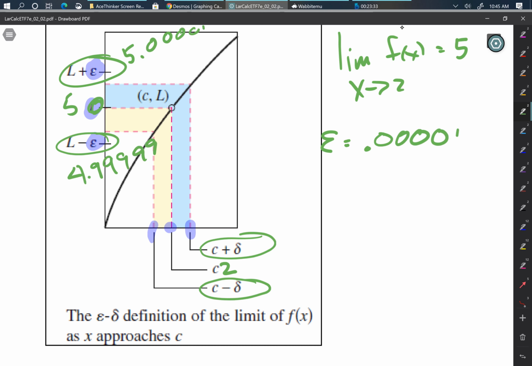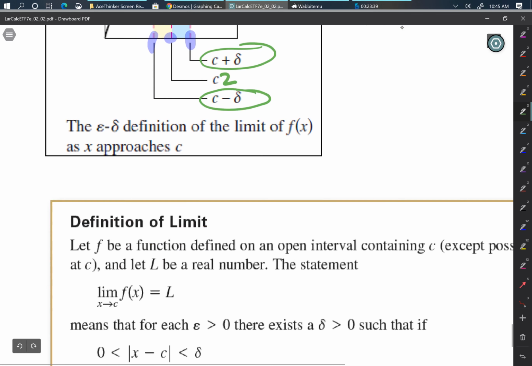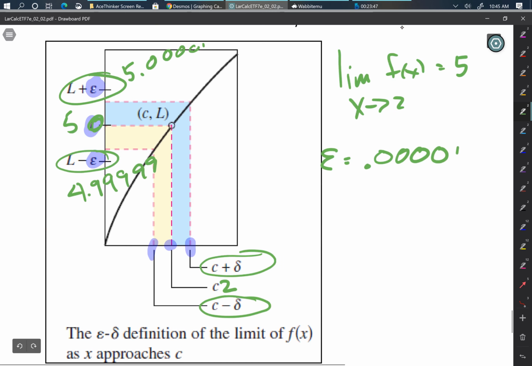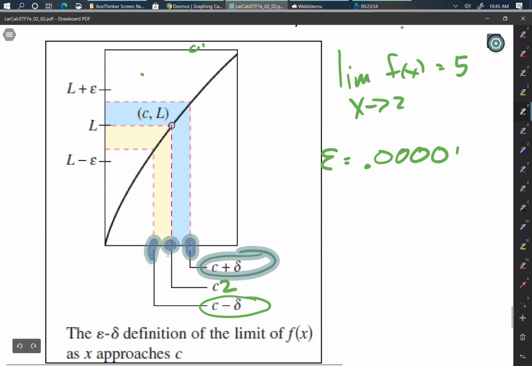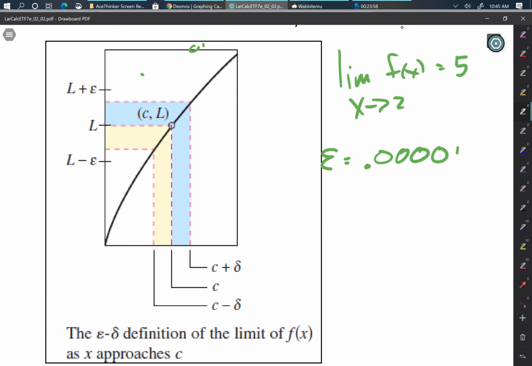This is the delta epsilon, or the epsilon delta, depending on who wrote the book, approach to this. And basically what they're saying is that there exist numbers out there for these. Tell me how close you want to be to the limit. Tell me how close you want to be, and I will be able to find an interval around c to make that happen. That's the formal definition of a limit.